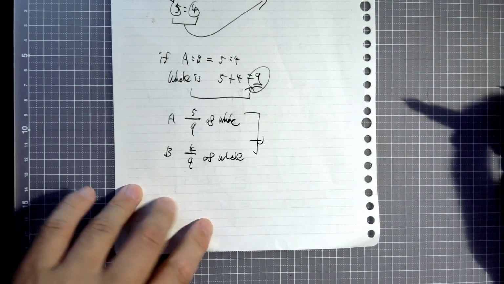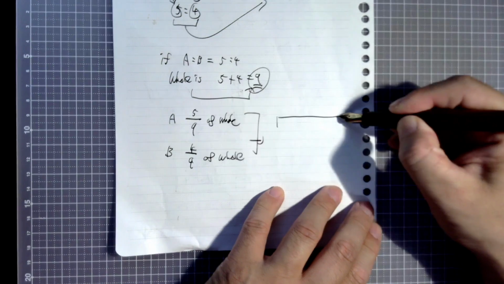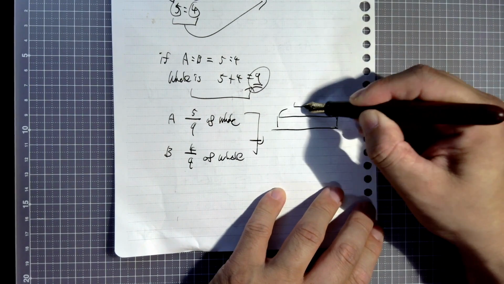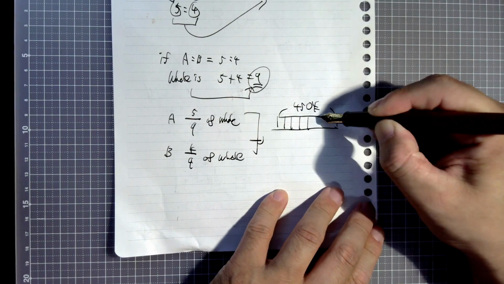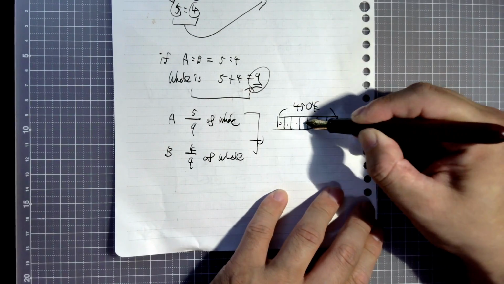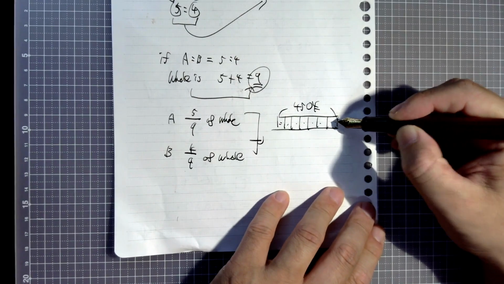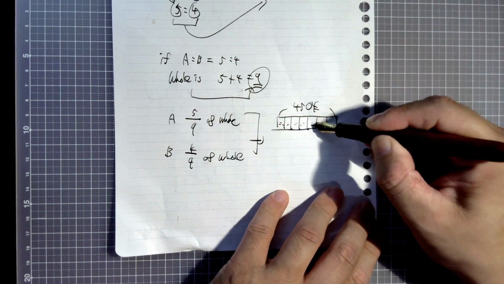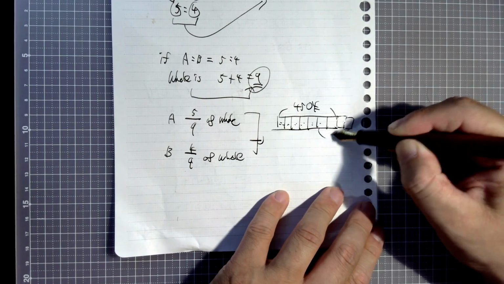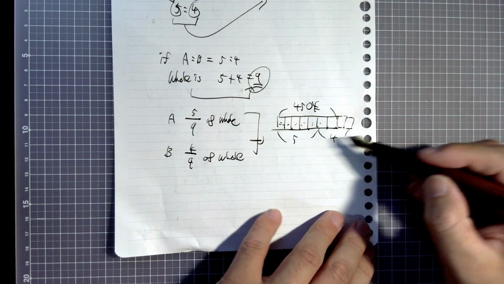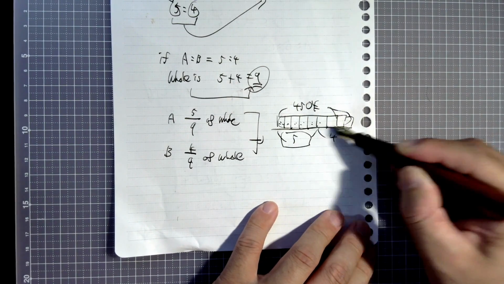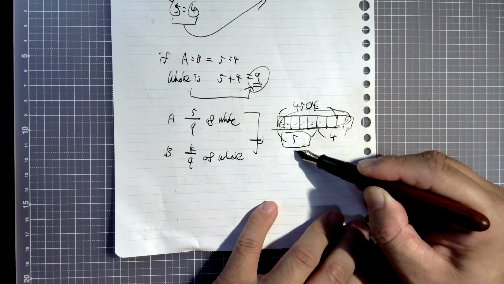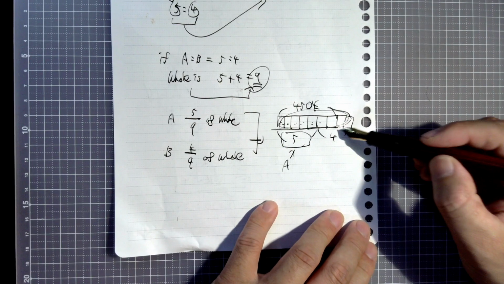If I make a diagram of this, this is 450 yen, divided into 9 parts. So 5 ninths is paid by Mr. A, while 4 ninths is paid by B, right?